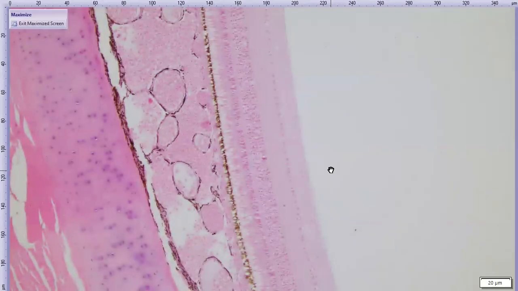For some reason I can't get that in focus. There you go. So the inner retina includes the nerve fiber layer, the ganglion cells. Perhaps it goes as far as this layer of nuclei here called the inner nuclear layer.